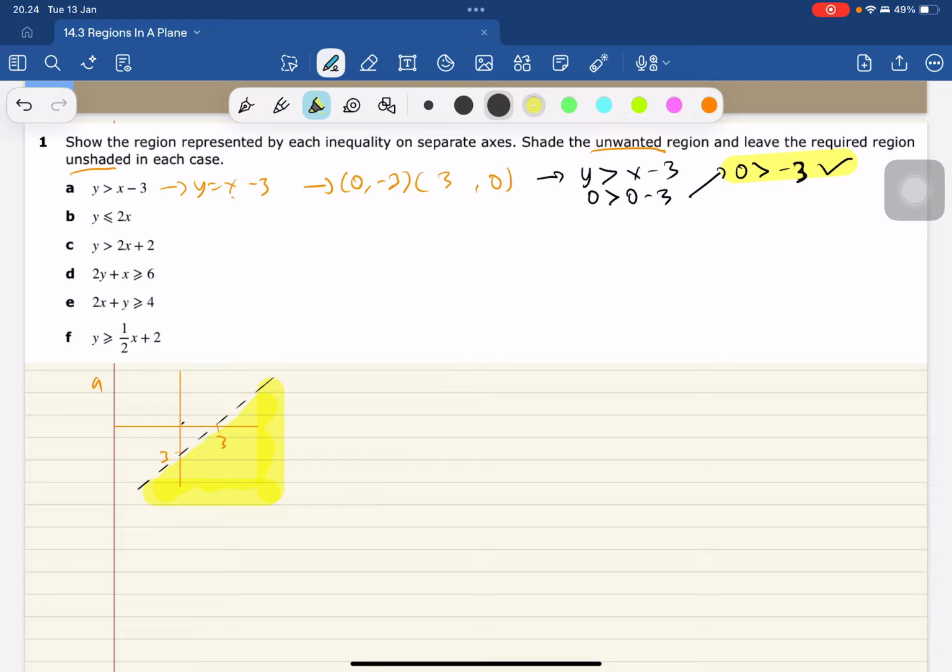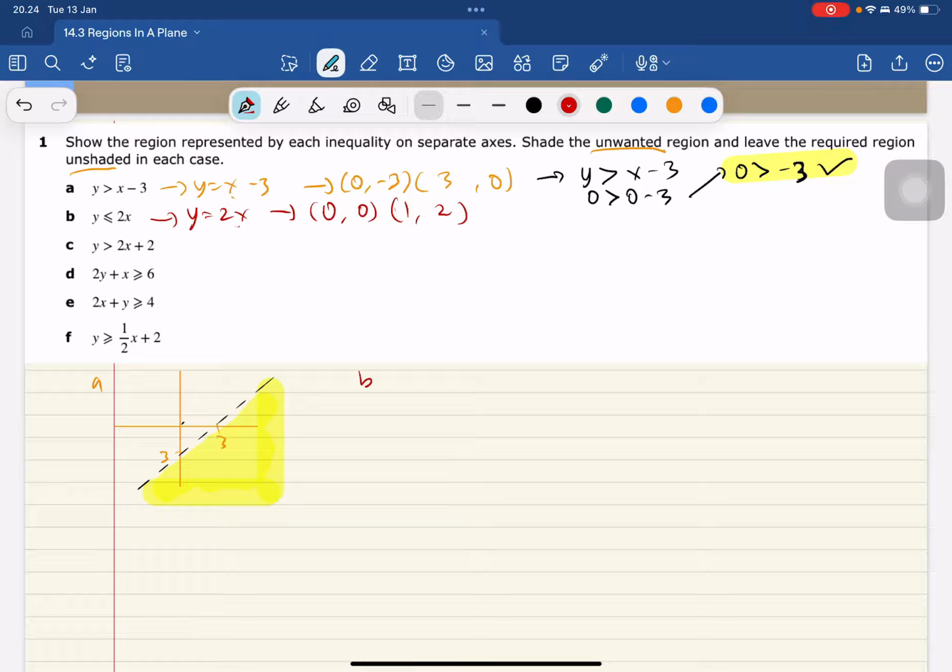Next we have y less than or equal to 2x. Let's make it into the equation y equal to 2x. When x equal to 0, y also will be 0. When x equal to 1, we substitute into this equation, y equal to 2.